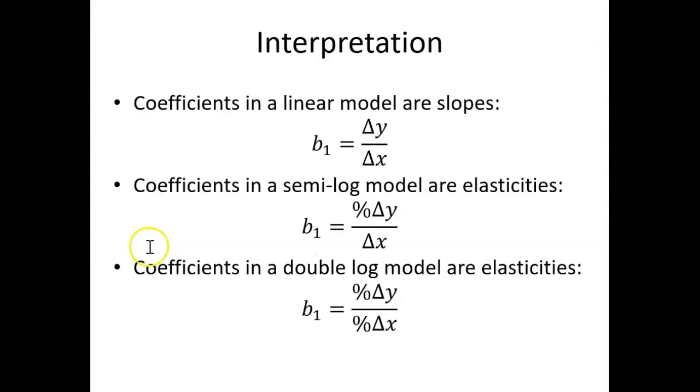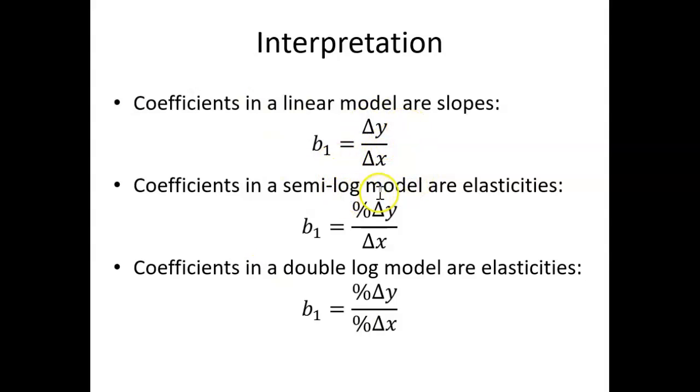Okay, when you do consider a different functional form, you have to interpret the slopes differently. And so here's how the slope is interpreted for the semi-log model and the double log model. With a linear model, the slope is just the slope.